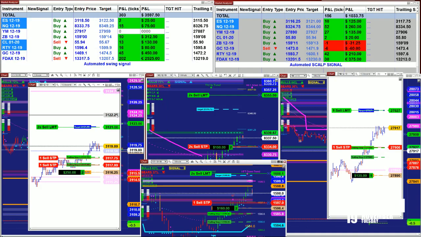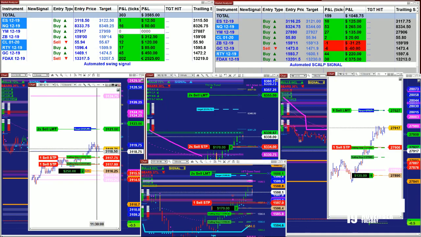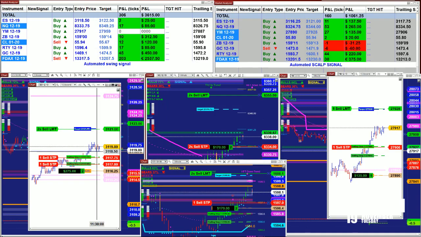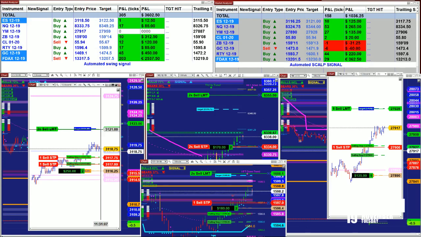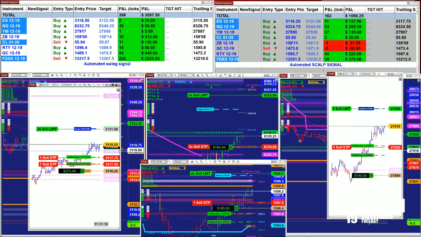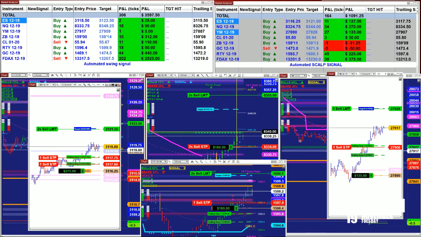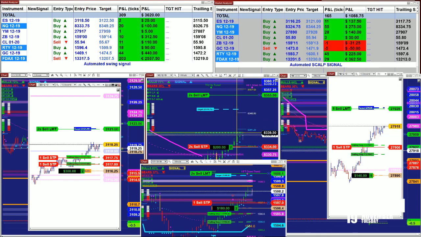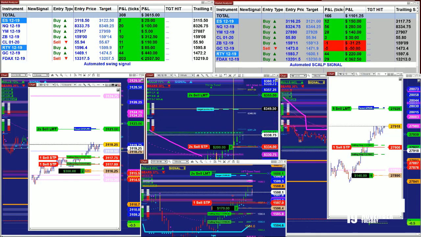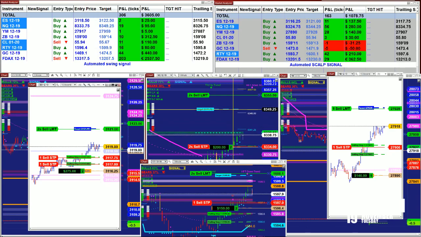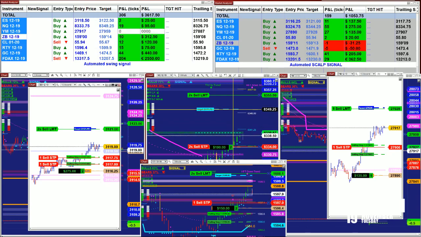So, as we see now, the ES is on the support line 1850, and we're trying to see if we can climb to the 3121 level. Nasdaq, if it breaks that 83.39.50, the target is 83.49.25.